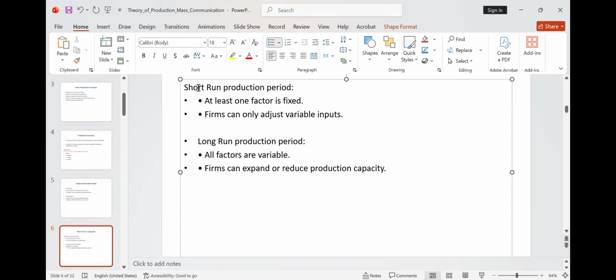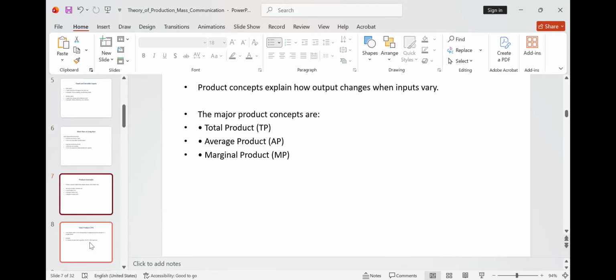At the long run production period, all factors of production are variable, and firms can expand or reduce production capacity. So the short run period is the period that a business just started, and the long run period is the period at which a business has expanded and has been in productivity for a long time.